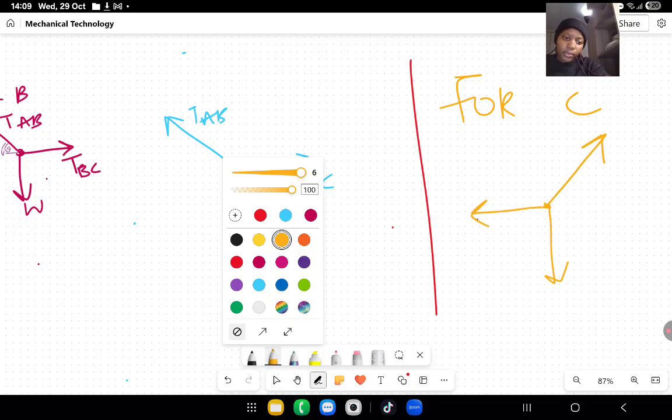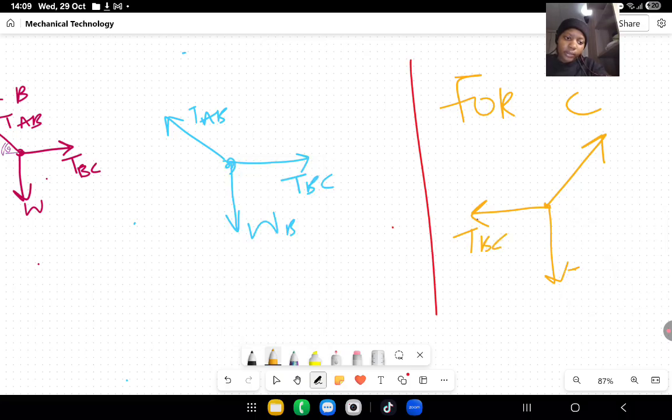This will be our TBC, this will be our WC, and this will be our TCD.